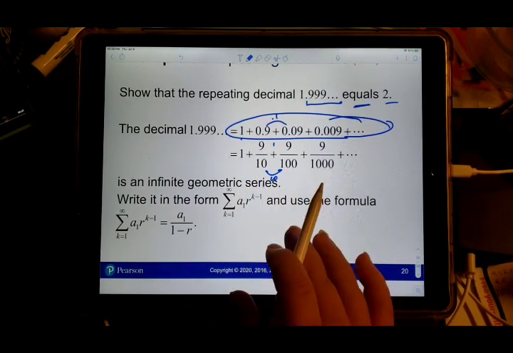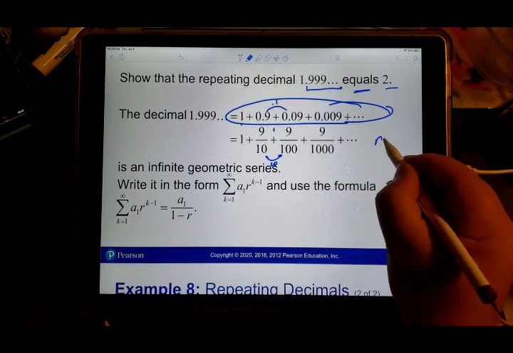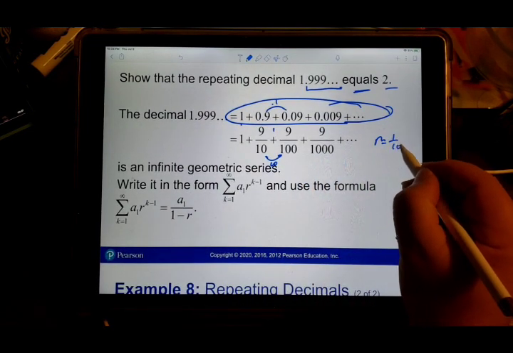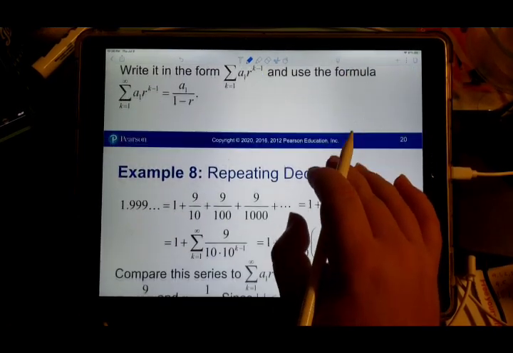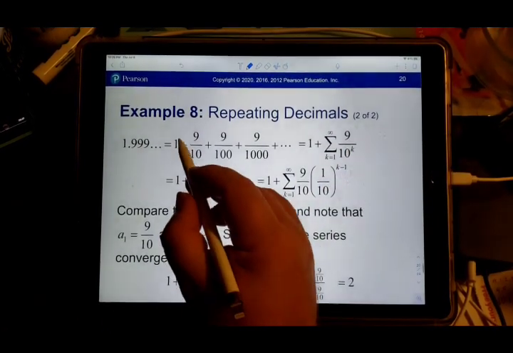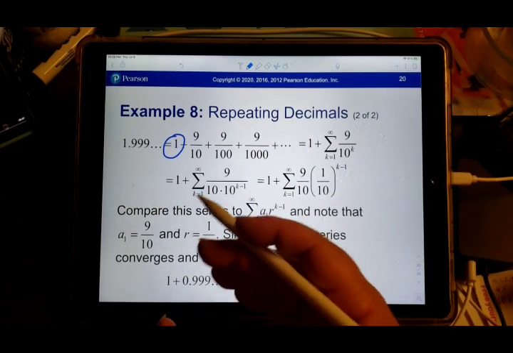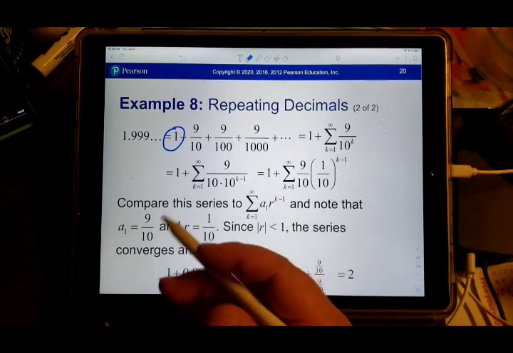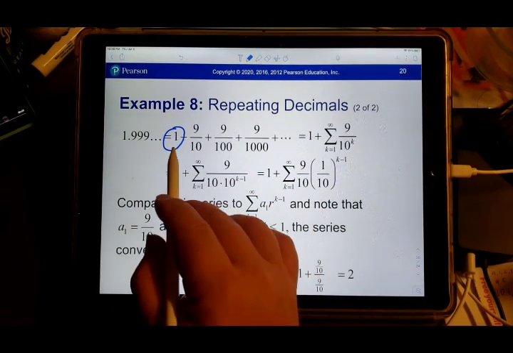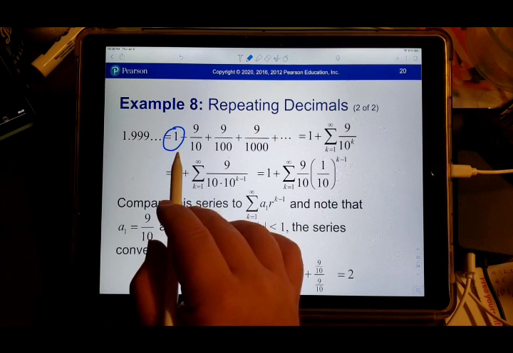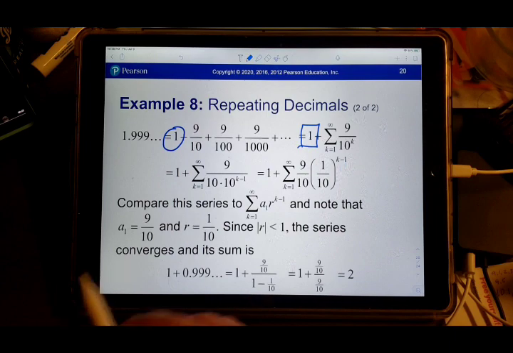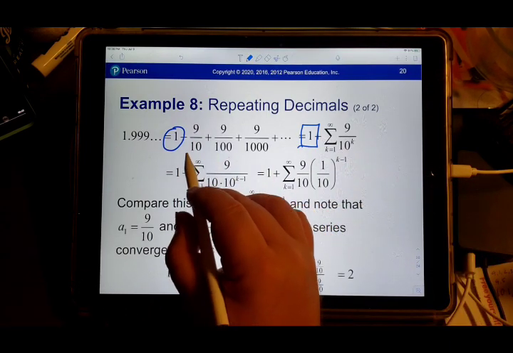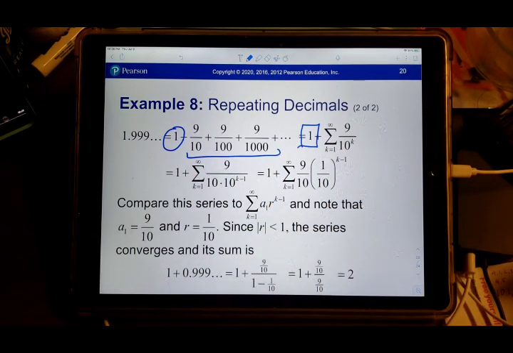So R is 1/10. Now, this 1 is kind of an odd bit to this sequence. There's no way I can incorporate that into the series, so we're just going to leave that out, and just add all of these terms together.